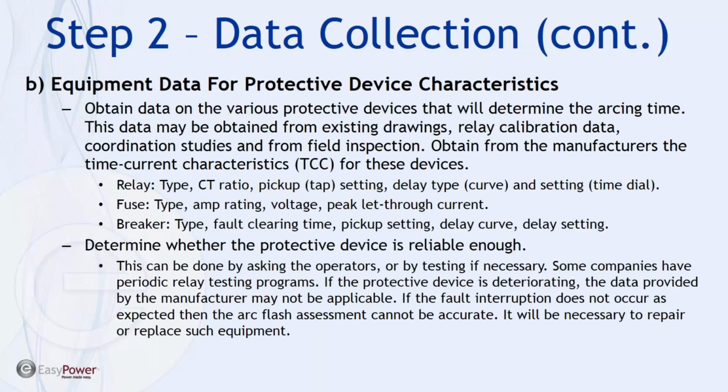And then in very great detail, all the information on the protective devices. EasyPower tools include device libraries that can look up the manufacturer's data sheet and trip characteristics for each device, as long as you record the manufacturer's data type, the style of the breaker or fuse, and the ratings.